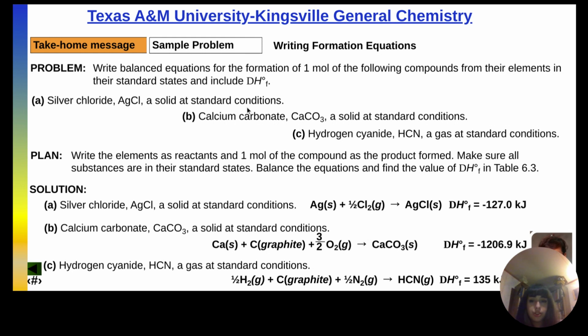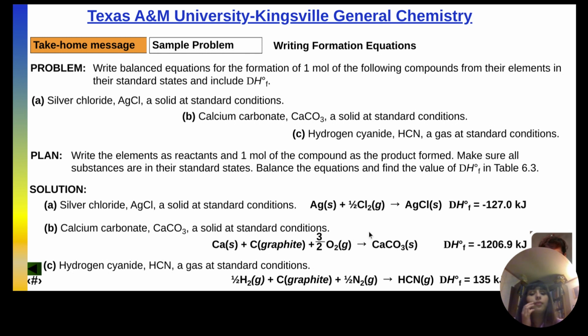Our solution for AgCl is Ag solid plus 1/2 Cl2 gas. Usually anything with a 2, like O2 gas, N2 gas, H2 gas, is a gas.